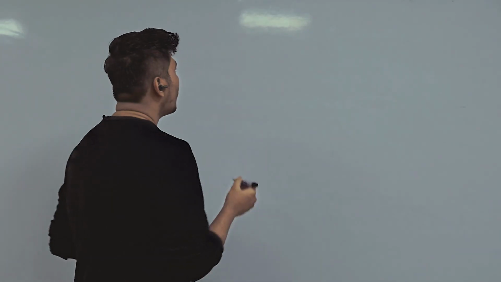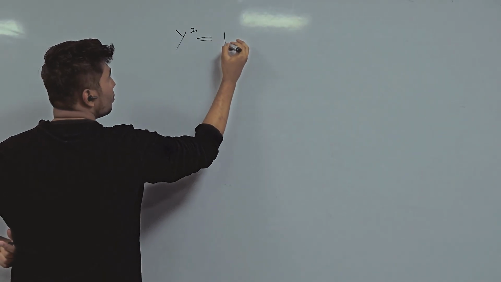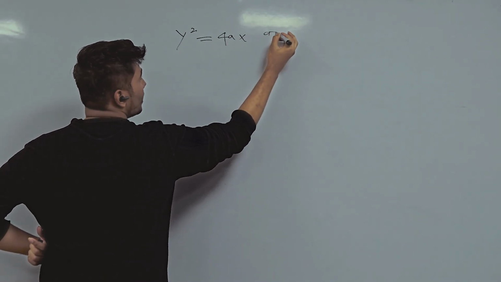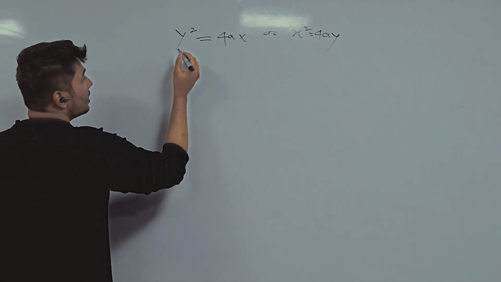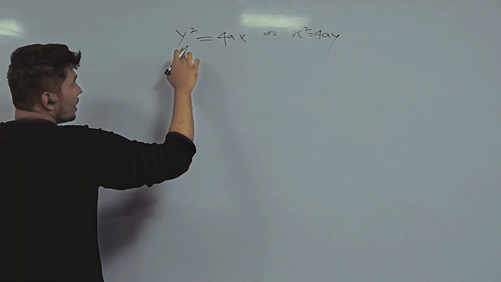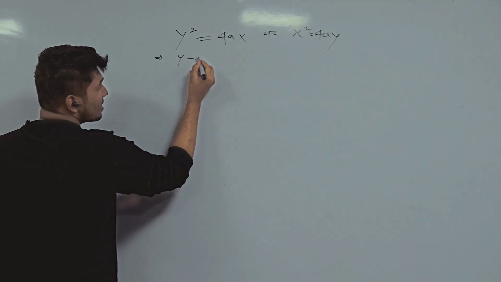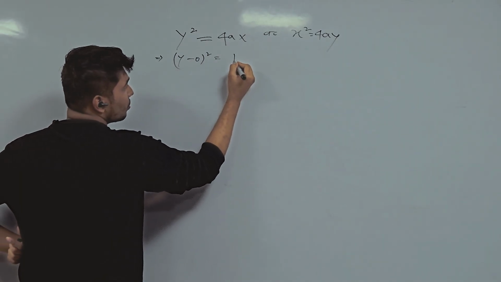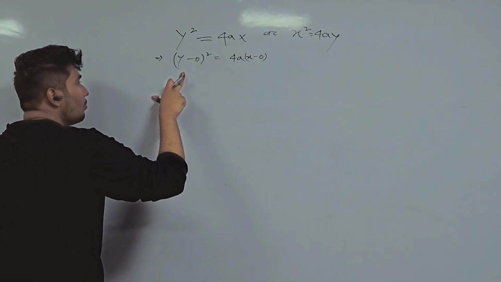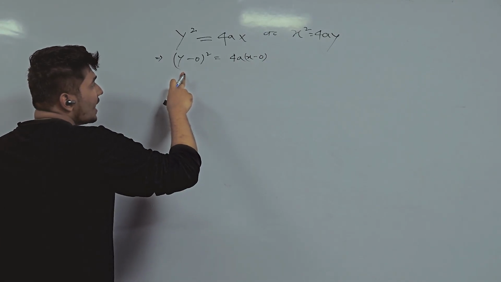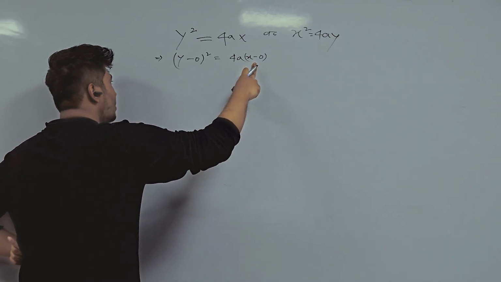So let's see. If I start with the equation of a parabola, which is y square is equal to 4ax or x square is equal to 4ay, how can we shift them? We can rewrite this equation in this way: y minus 0 whole square is equal to 4a into x minus 0, right? What we did was add a negative 0 in the y function and a negative 0 in the x function.